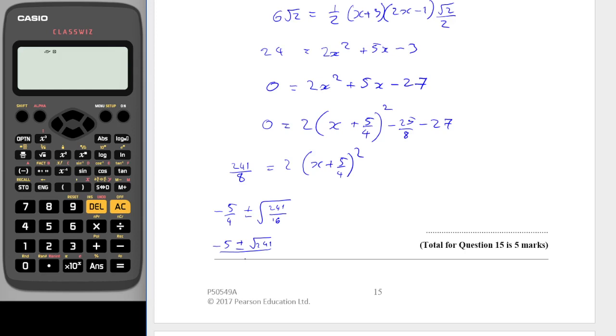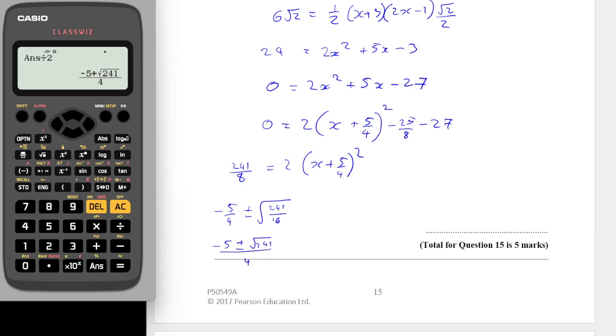And then that would have been over 4. So let's try that. So minus 5 plus the square root of 241. And then I want to divide that by 2. And then that gives me 5. There we go. And I should have divided by 4, not by 2. So divide by another 2.